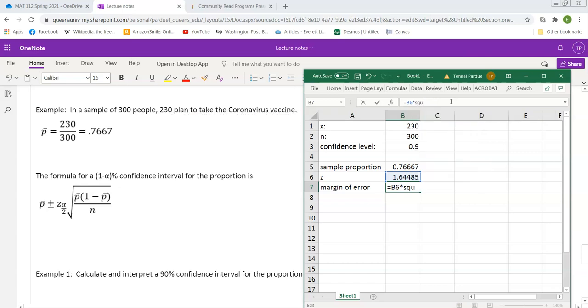This is getting a little bit confusing. Let me go back. Let's start again here. So Z times square root, and we need the top part of the fraction. And so let's put the whole top part of the fraction in parentheses. So P bar, times 1 minus P bar.